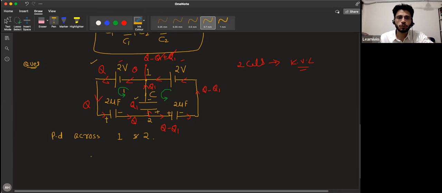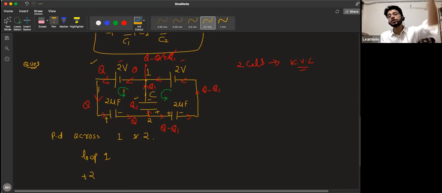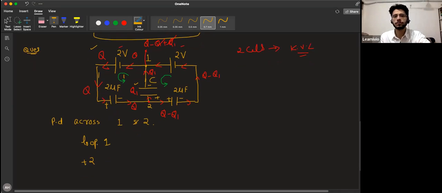I call this loop 1. When you go from here to here, this is a cell, you are going from lower to higher. That's a rise, plus 2. When you go from here to here, there is no capacitor and no cell, so no voltage drop. Going from positive to negative, that's a fall, minus Q by 2.